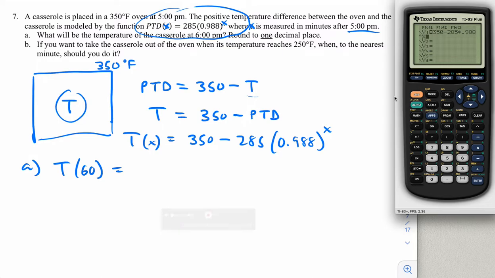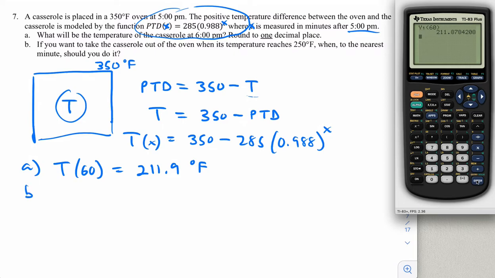So there's the model, and if we plug 60 into that, T of 60 on the calculator would be Y1 of 60. And that's, let's see, we want to round to 1 decimal place. That's 211.9 degrees Fahrenheit. That would be our prediction.